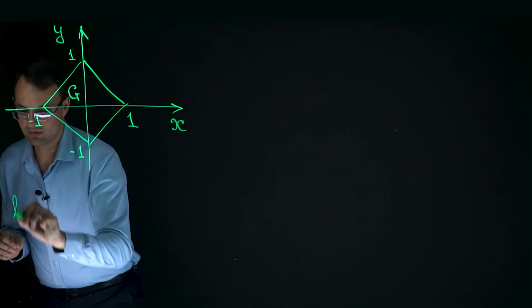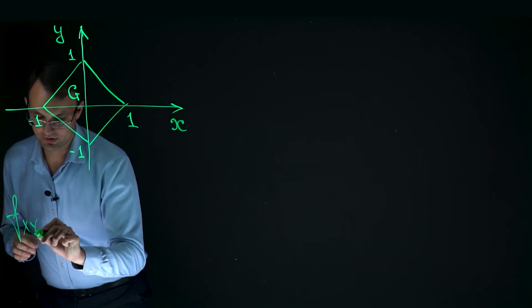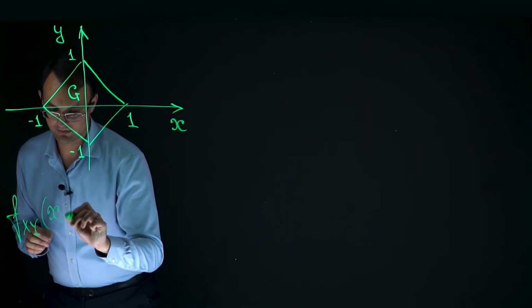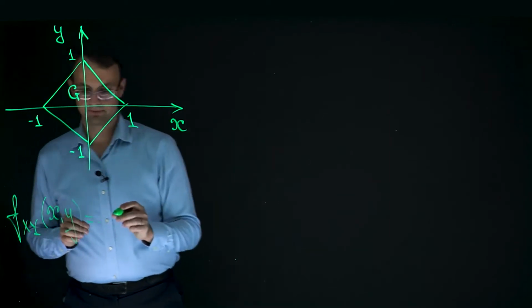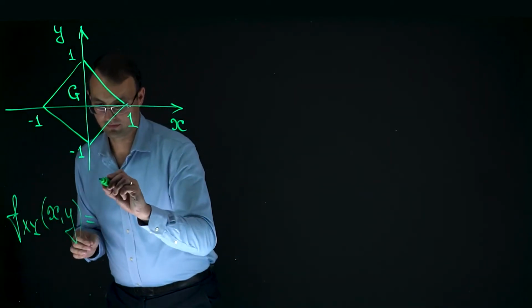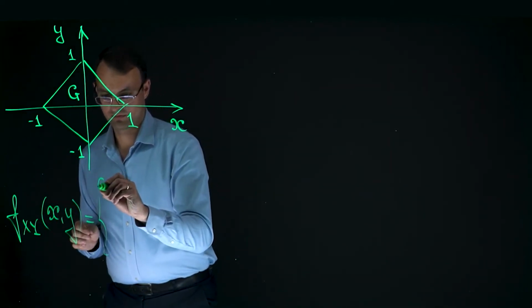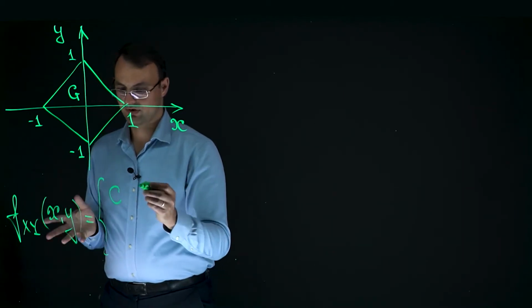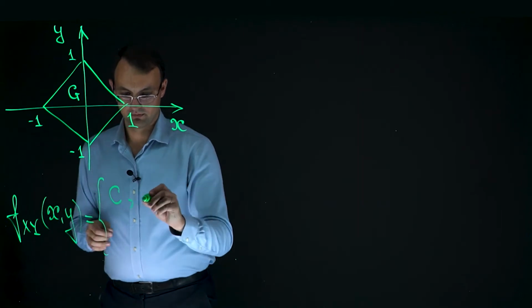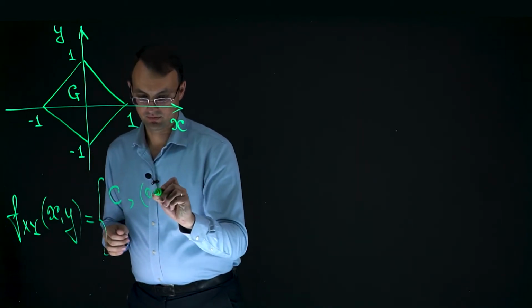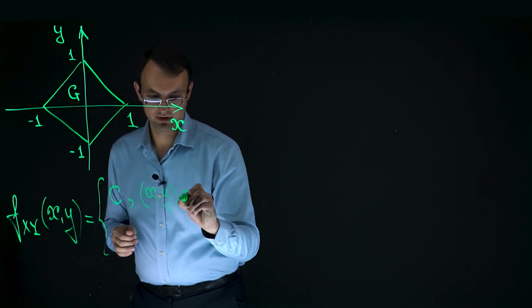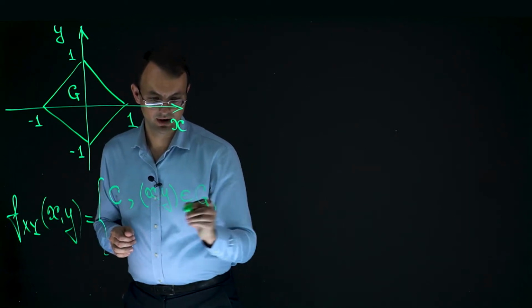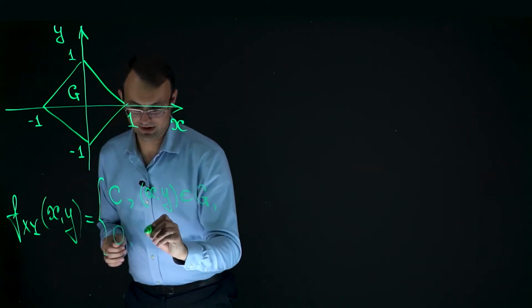So the joint PDF is C, just a constant, if (x, y) belongs to G, and 0 otherwise.